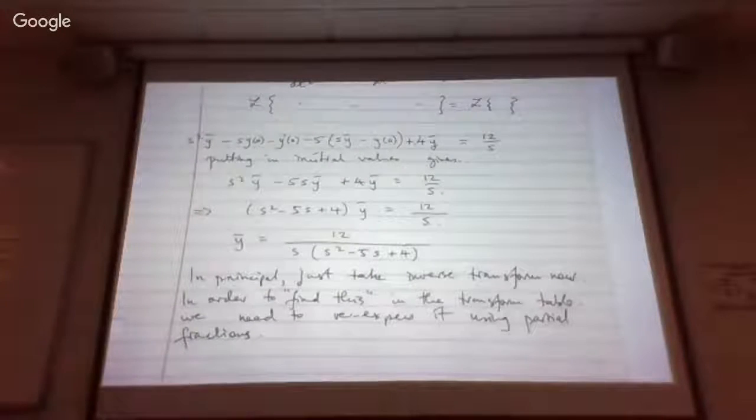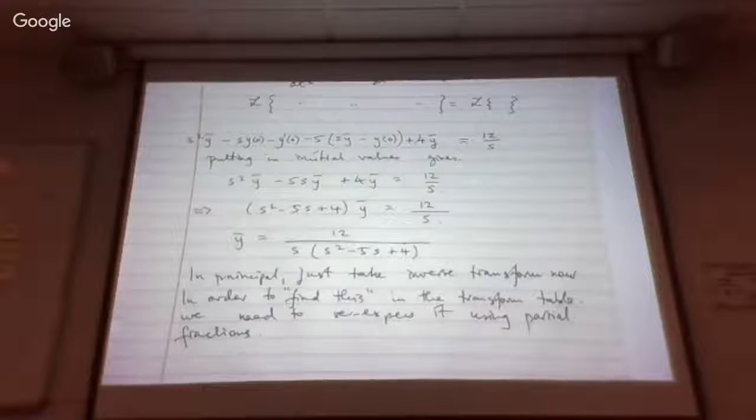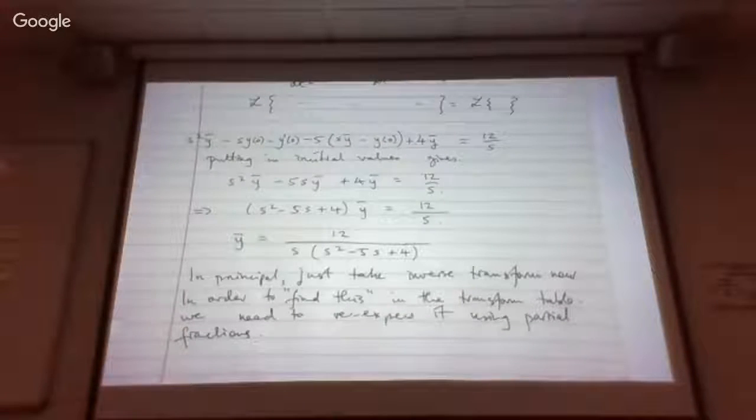There are rational functions in the table of transforms, but they're all of fairly simple type, either just 1 over s plus a, 1 over a linear factor, or 1 over s squared plus omega squared, so a quadratic without an s term, or 1 over a general quadratic, but where the quadratic is presented in the form of completing the square.